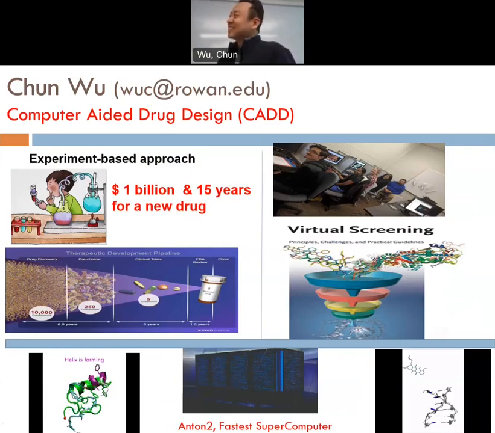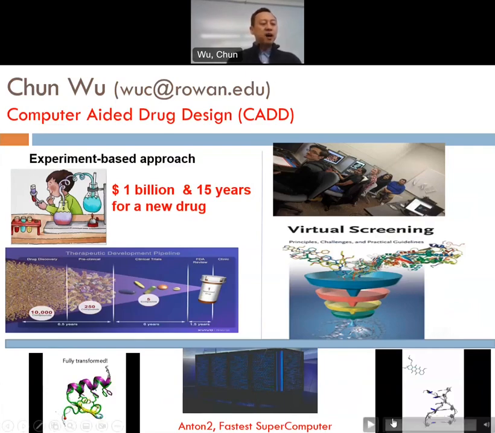In this case, it's folding. The green one is the experimental structure. We basically start from the sequence, and one sequence can fold into the native structure. Okay, you see now it's folded.